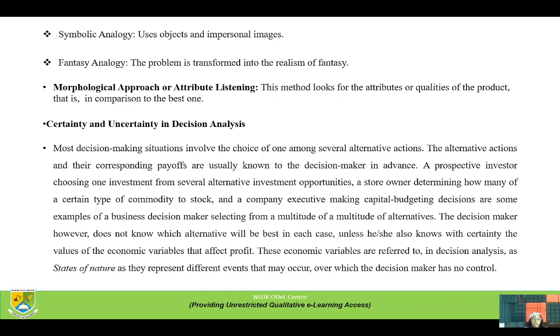Symbolic analogy uses objects and impersonal images, while in fantasy analogy, the problem is transformed into a realm of fantasy. Morphological approach or attribute listing. This method looks for the attributes or qualities of the product in comparison to the best one.